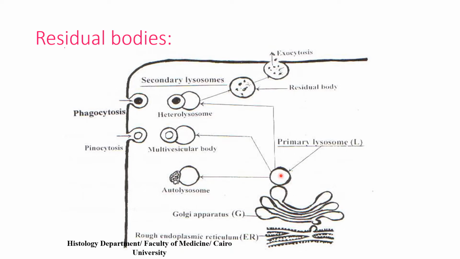If a primary lysosome reacts with an autophagosome, it is called autolysosome. If it reacts with a pinocytic vesicle, it will be called multivesicular body. If it fuses with a phagosome, it's called heterolysosome. The end result is a residual body. This residual body we either get rid of by exocytosis or it remains inside the cell in the form of lipofuscin pigments.